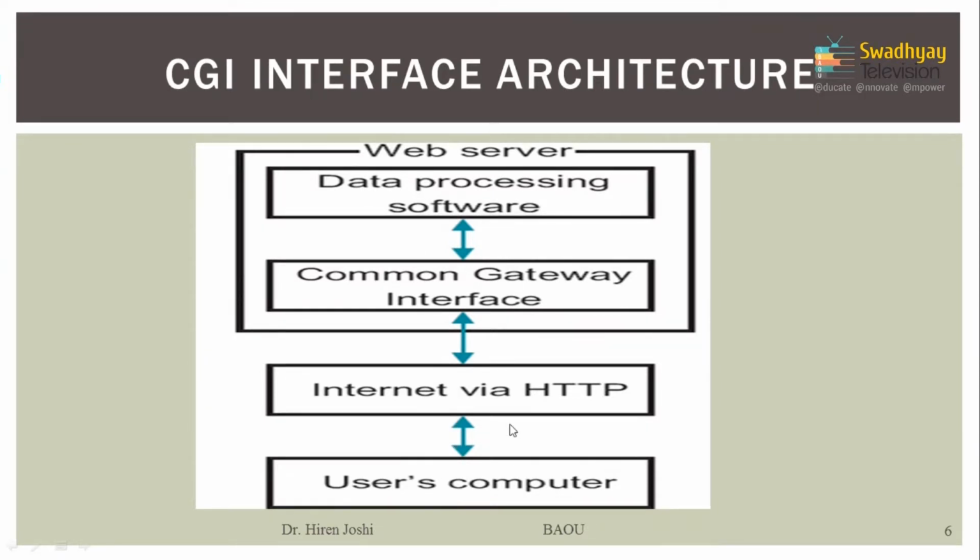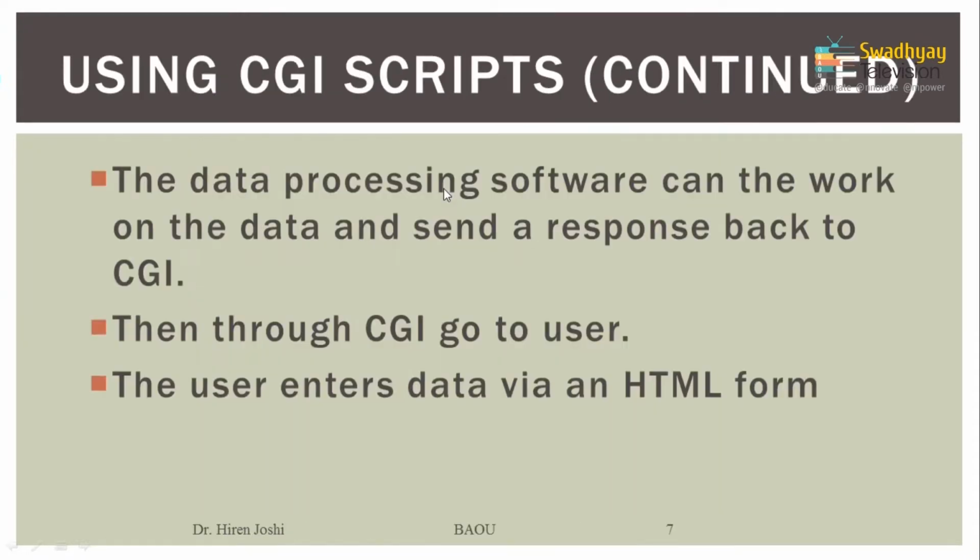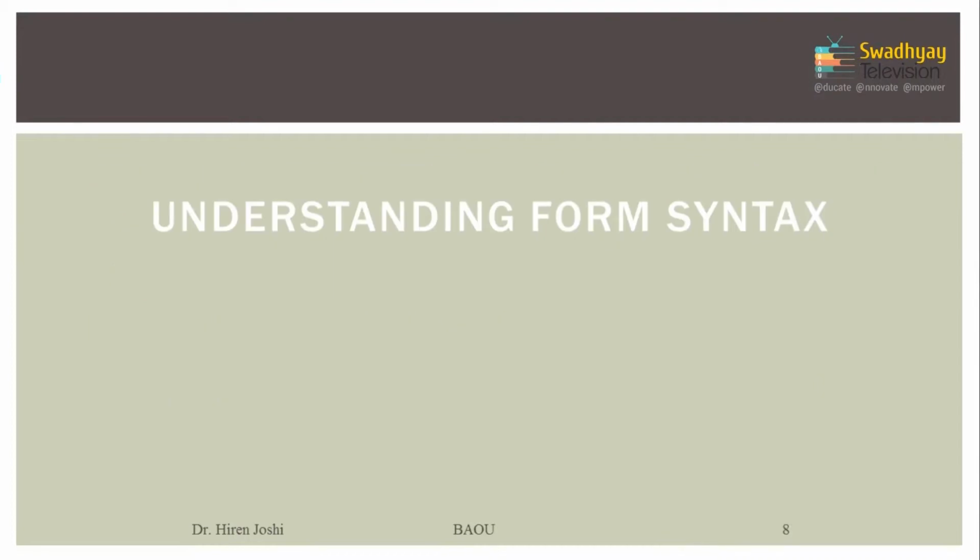So, the user will input some data through HTTP protocol, and when he clicks on the submit button or some button, it will come to the web server through CGI, and CGI passes this data to the data processing software. So, this is the same thing as I have explained, how it works.